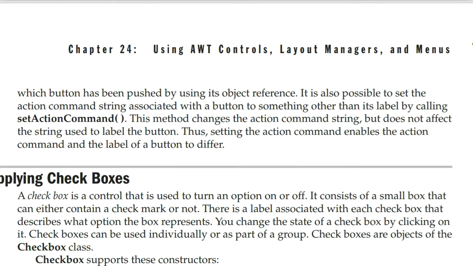It is also possible to set the action command string associated with the button to something other than its label by calling setActionCommand. This method changes the action command string but does not affect the string used to label the button. Thus, setting the action command enables the action command and the label of a button to differ.